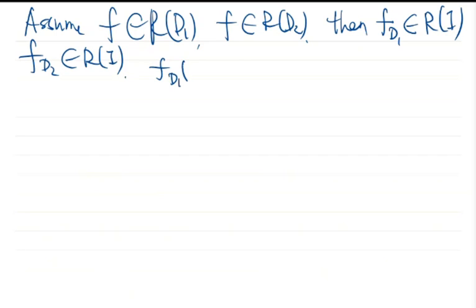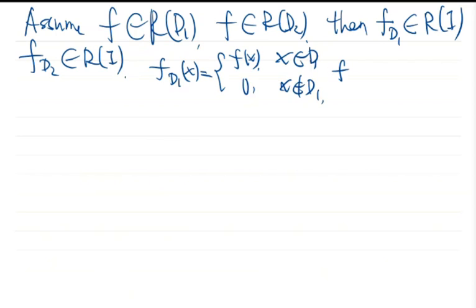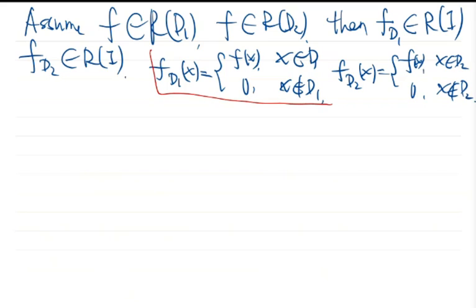F D1 of x is f x for x in D1, 0 for x not in D1, and f D2 is similar: f x for x in D2, 0 for x not in D2.